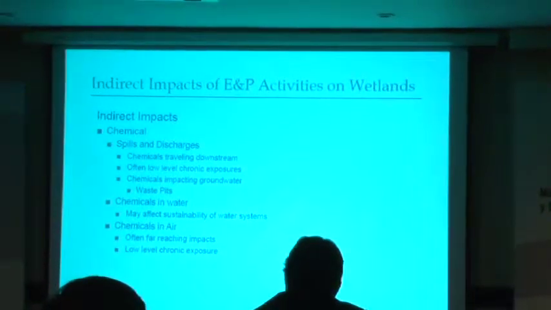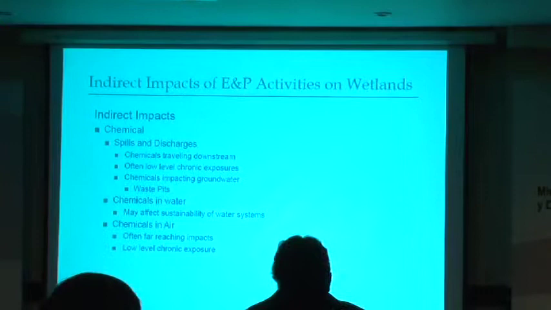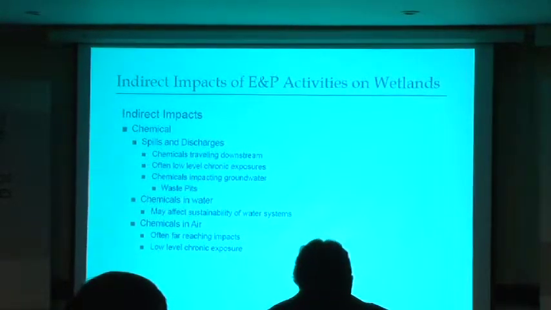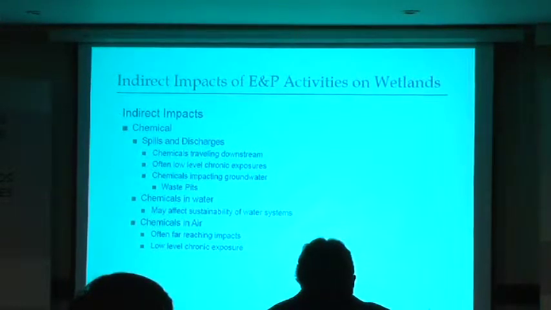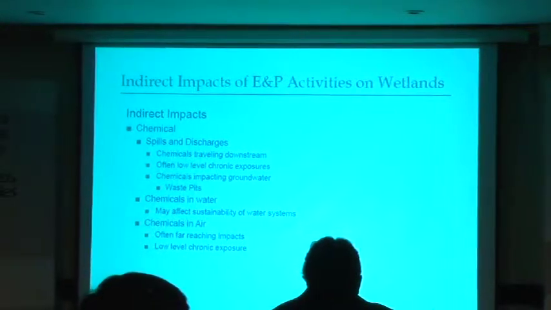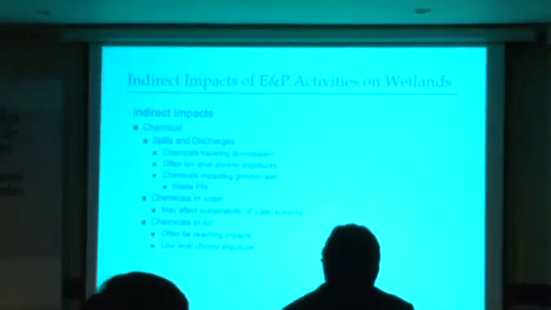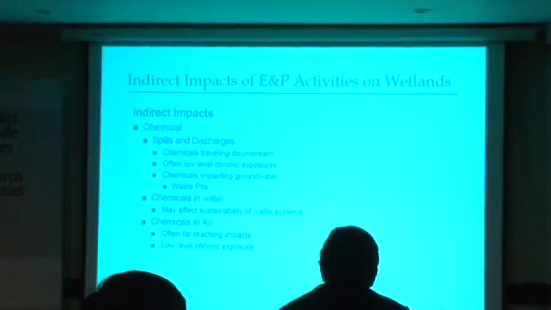Chemicals can impact groundwater if they're not handled right. That wastewater pit that you saw, if that was unlined, the water that is in that pit could get into the groundwater. So you can have indirect effects with downstream groundwater areas, particularly if you don't manage those particular things right, like the waste pits and the water containment.